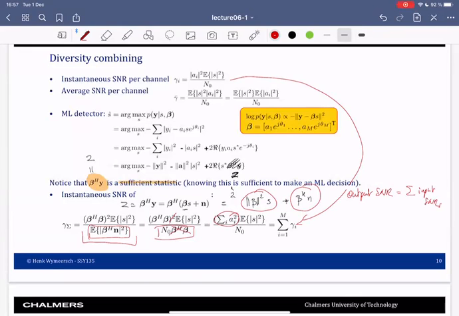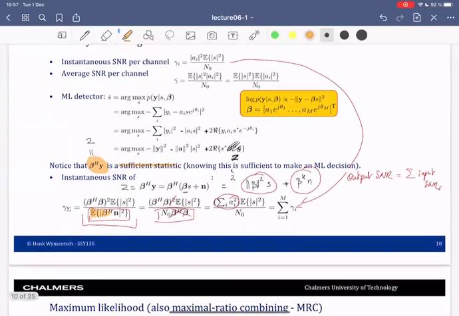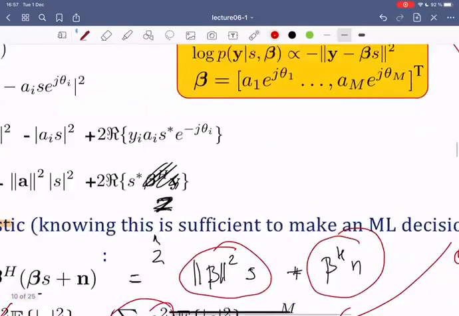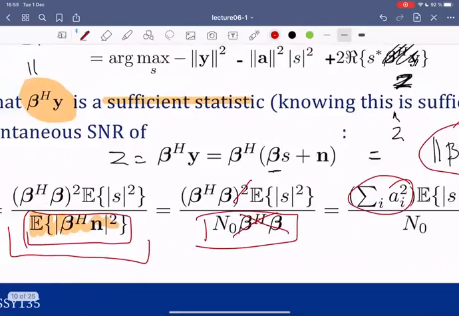Now the only thing that maybe we can spend a few more minutes on is how to compute this. So let's see where I can do this. Zoom in. Expectation of beta Hermitian n, let's see the expression, squared.